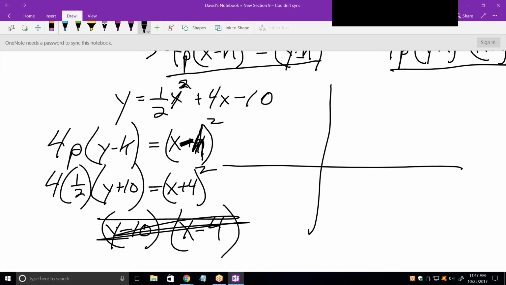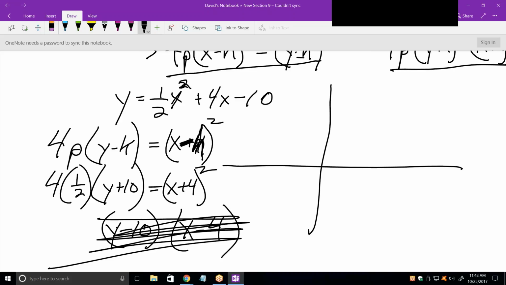So tell me what h and k are. They have to result in positives, right? So what is h? Would it be minus negative like 1 or something?